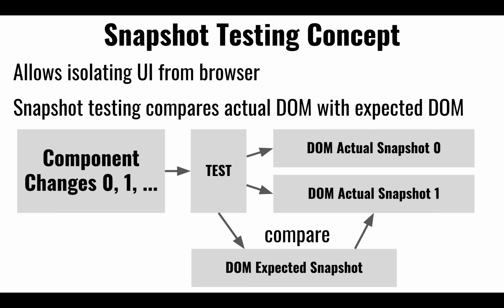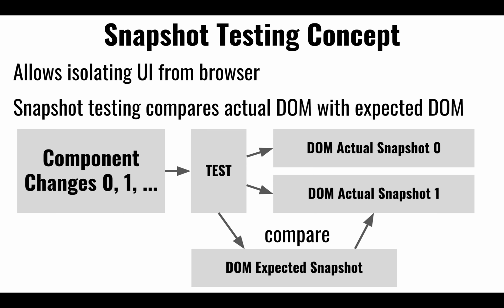What snapshot testing allows us to do is, as we manipulate the components, our test can generate DOM snapshots of each one of our modifications of our components, snapshots of the DOM that gets generated as we modify it. And we need to be able to compare that.